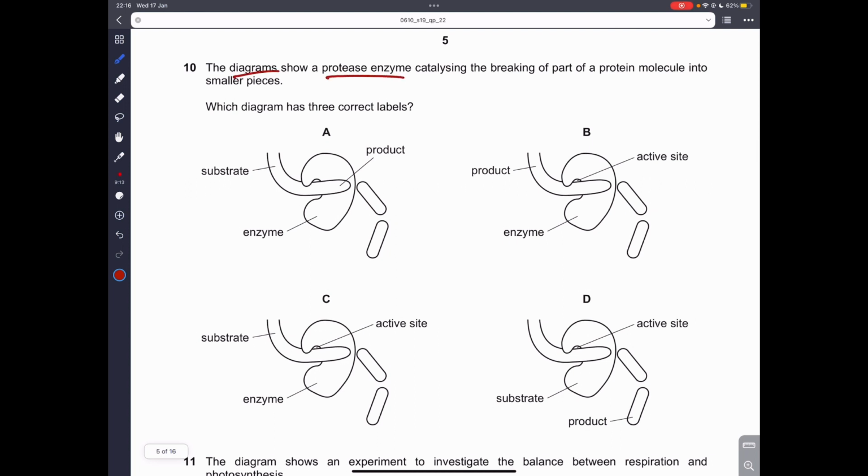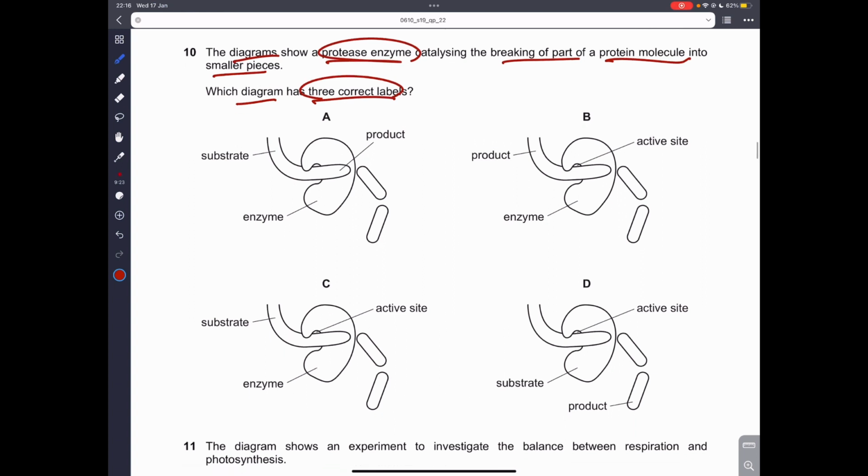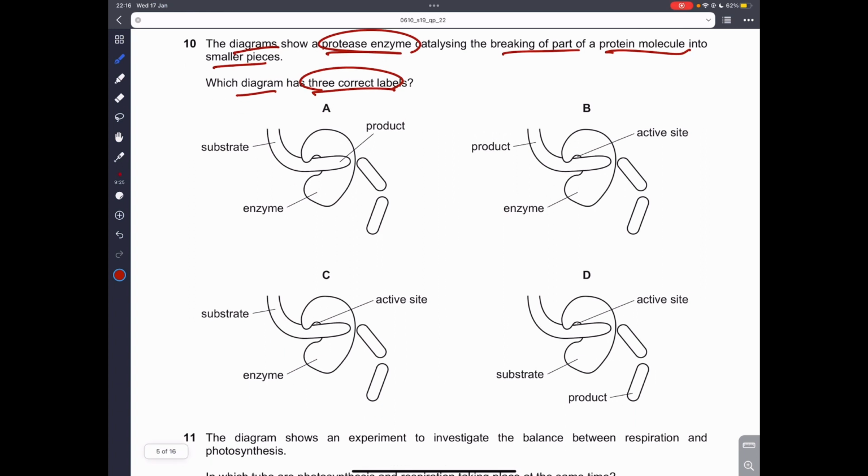Question number 10. The diagram shows a protease enzyme catalyzing the breaking of a part of a protein molecule into small pieces. Which diagram has 3 correct labels? Now here we can see that this is showing a protease enzyme that is breaking down a protein molecule into smaller pieces. Okay, it's breaking down, or basically chopping up, this polypeptide chain.